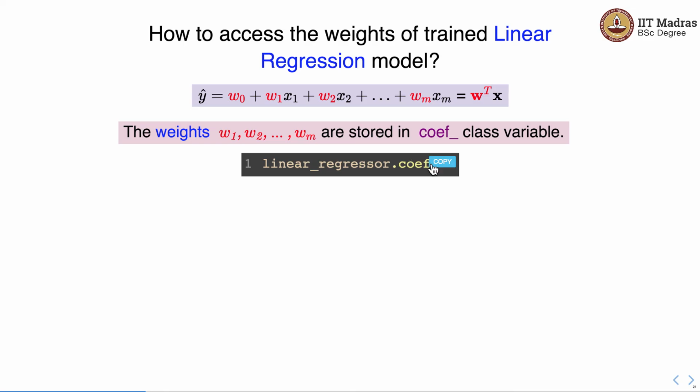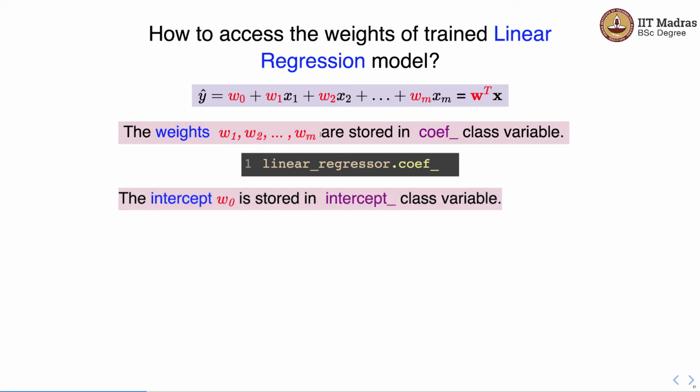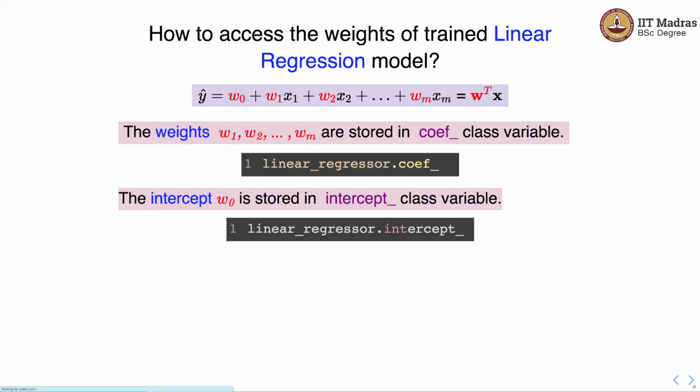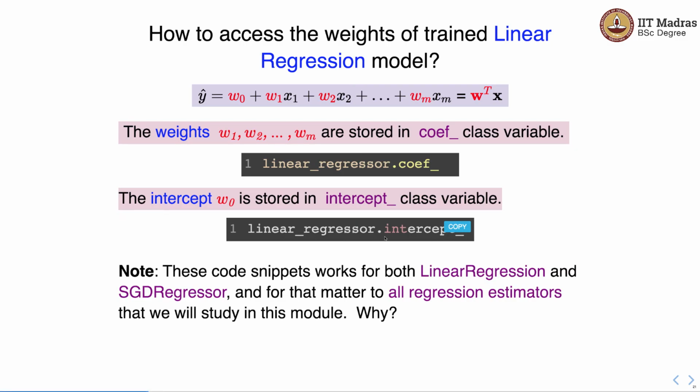The intercept weight, which is w0, is stored in the intercept_ class variable, so we can access that by calling intercept_ on the linear regressor object. Note that these code snippets work for both linear regression as well as SGDRegressor, and for that matter, for all regression estimators.